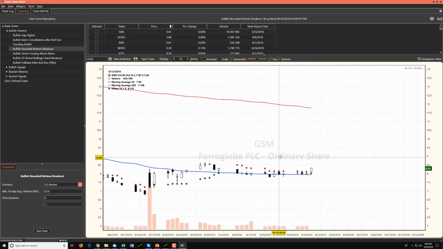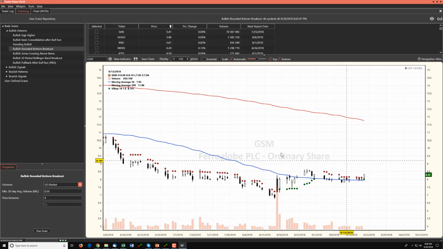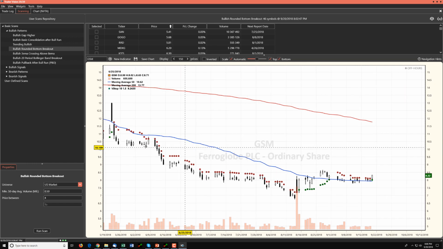We were looking at 9.20 as a first target here, right in this area, off of these highs. That's the first target. And then 9.95, which is up in this area, about a nickel before you run into the bottom of that shelf.